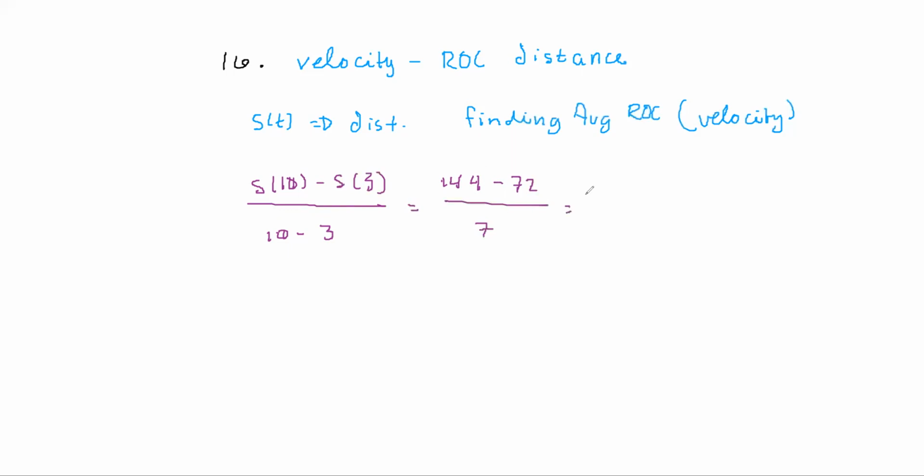And so it'll be, what, 72 over 7? I don't have a calculator on me, so I can't really simplify this, but you can divide that out and you'll get some number. And so this is 72 divided by 7 centimeters per second.